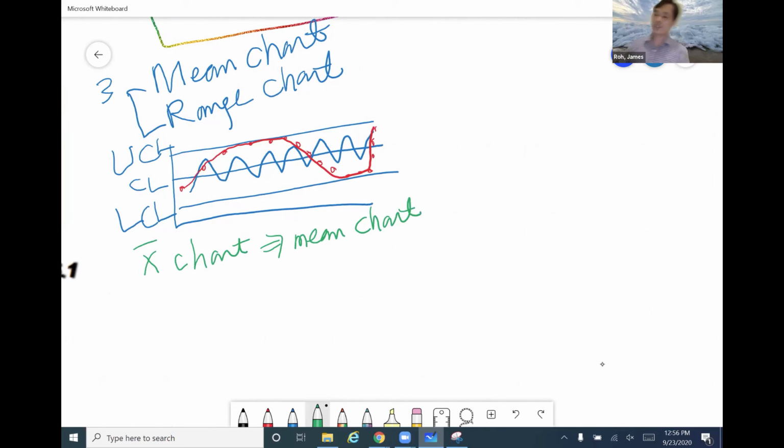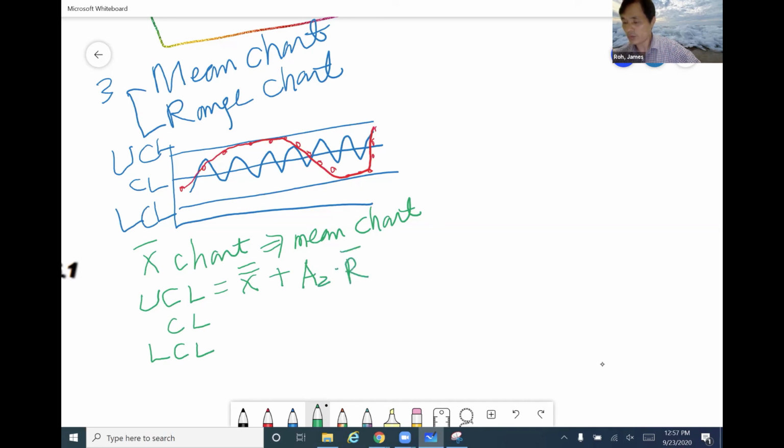And the mean chart is going to have an upper control limit, a center line, and a lower control limit. Those are three lines that we have to calculate. The upper control limit will look like X double bar, not just X bar, but two bars, X double bar plus A2 times R bar.